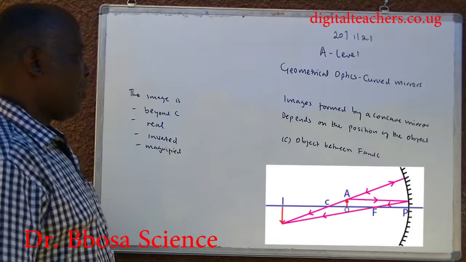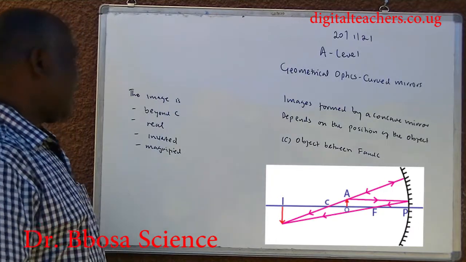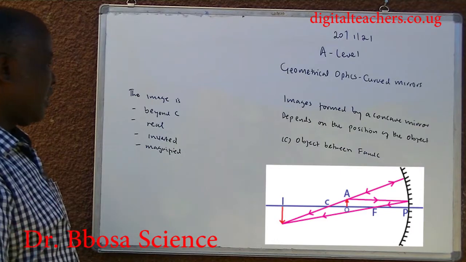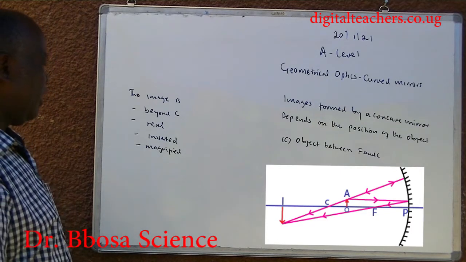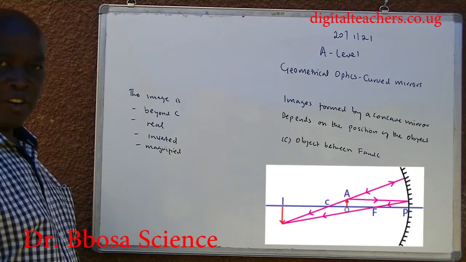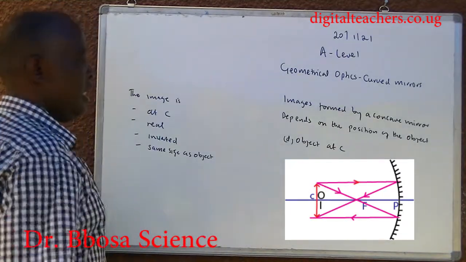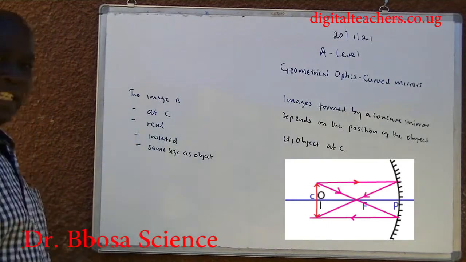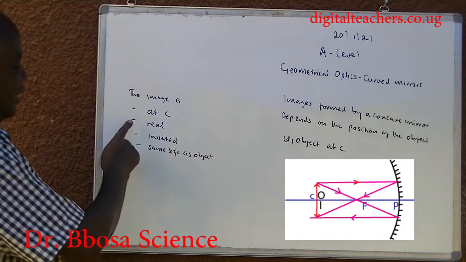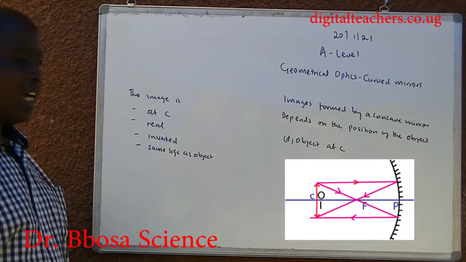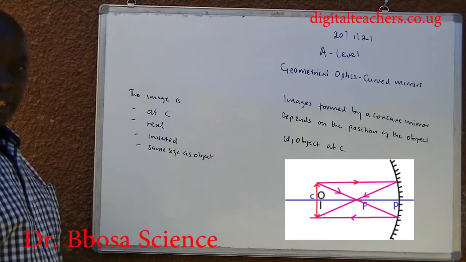C. Object between F and C. The image is beyond C, real, inverted, and magnified. D. Object at C. The image is at C. It is real, inverted, same size as the object.